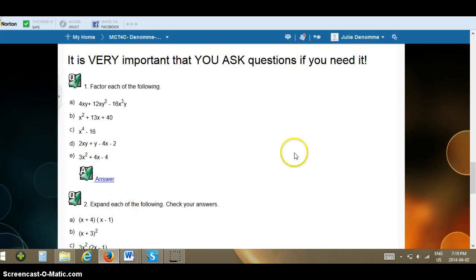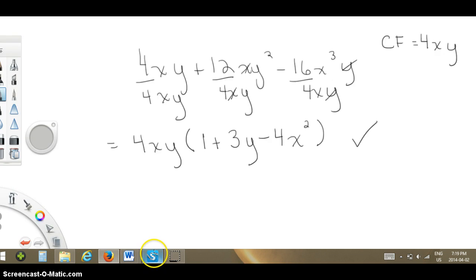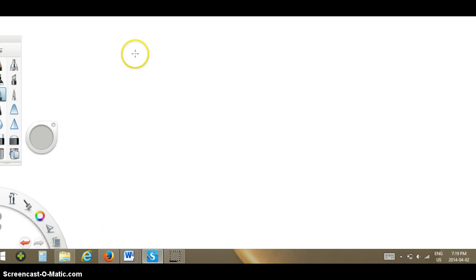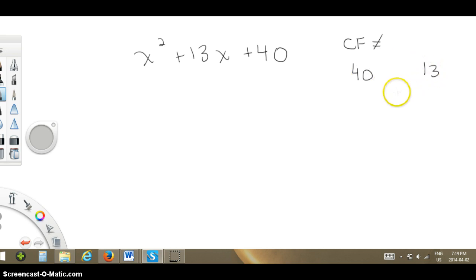Now if I go to the second example here, x squared plus 13x plus 40, this is a trinomial. We have to look for a common factor, and there aren't any. So at this point, we have to trinomial factor, which means we need to look for numbers that multiply to 40 but add up to 13.